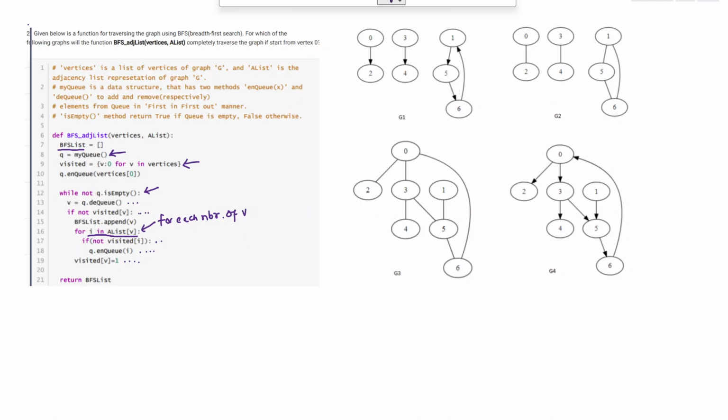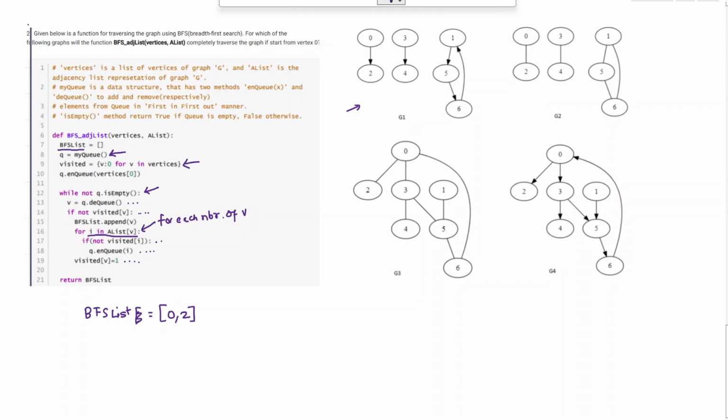Okay, so now let's look at the first graph, G1. In G1, if we start from 0, what will BFS list look like? The first element to be visited will be 0, and the second element to be visited will be 2, and that's it. It will stop there.